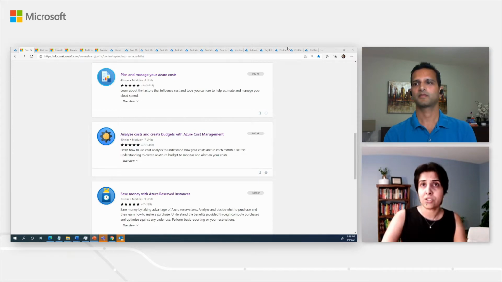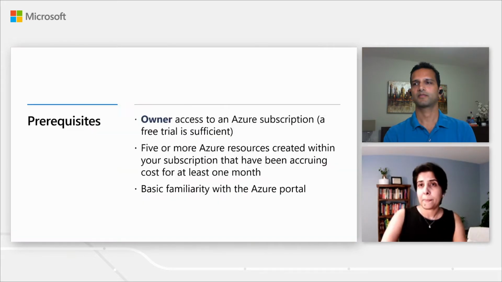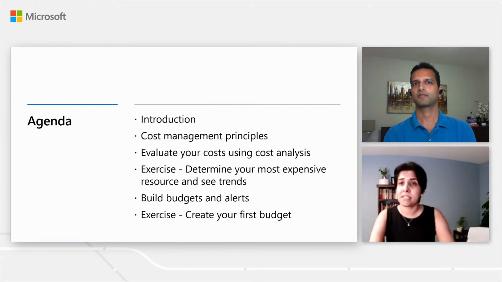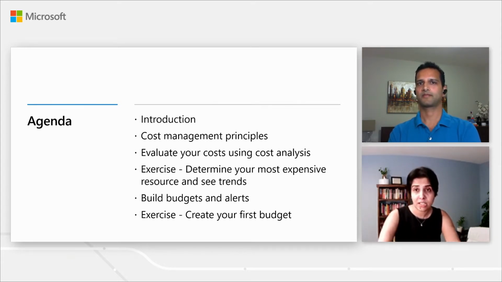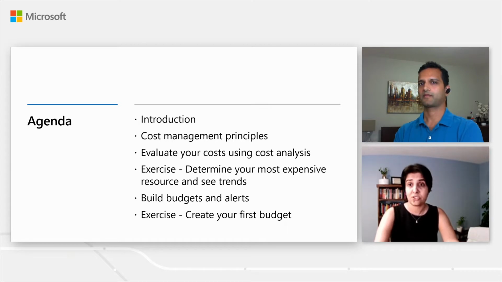So in the Analyze Costs Learn module that we are talking about, we would be covering the basics of cost management principles. We would show you ways to evaluate your costs using cost analysis. We would go through a hands-on exercise on determining your most expensive Azure resource and seeing trends.